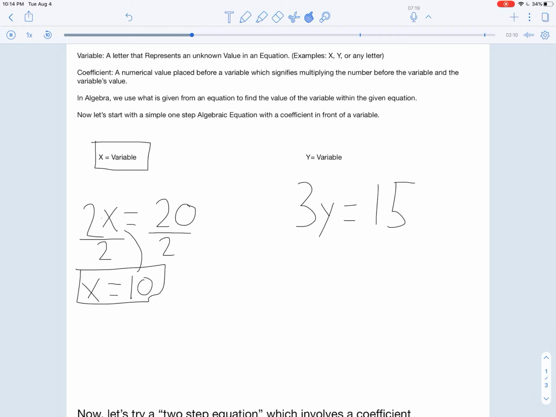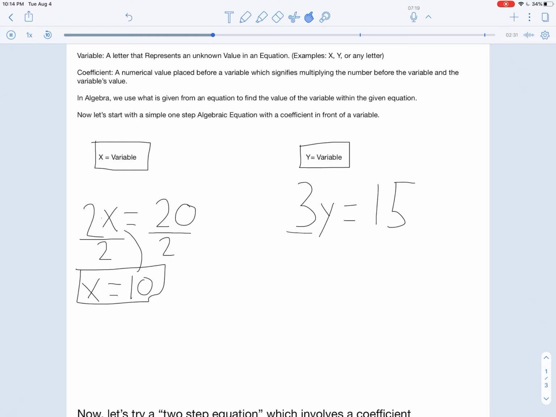Okay, let's go to this next problem. So here, as we have stated, y is our variable. So we are doing 3 times y is equal to 15. Now, once again, we have multiplication. So, as always, we do the opposite of multiplication, which is division.